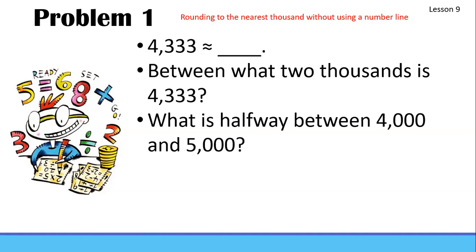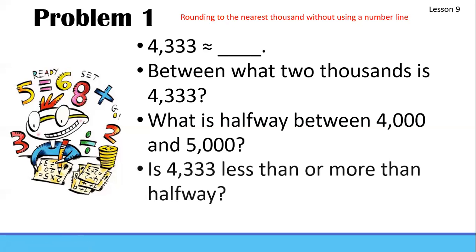Since I'm rounding the thousands place, if we put a 5 in the place value behind our thousands, it would be 4,500. That'll be our halfway point between 4,000 and 5,000.